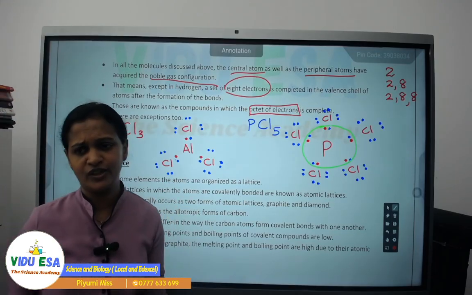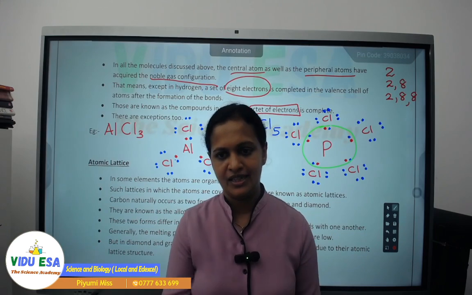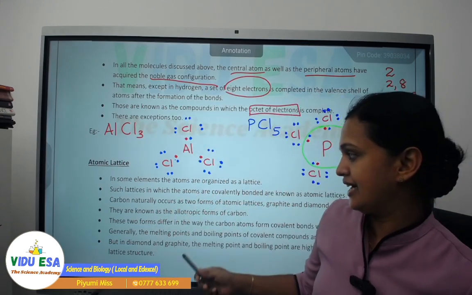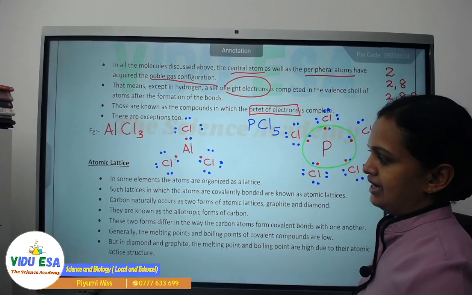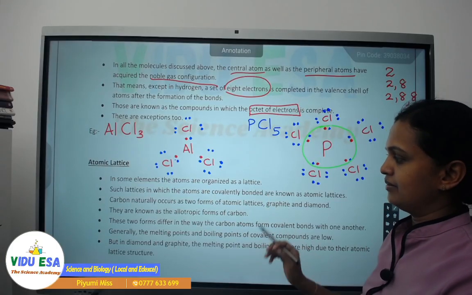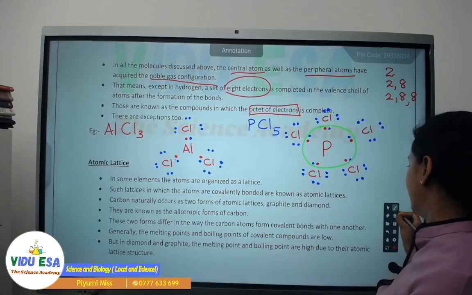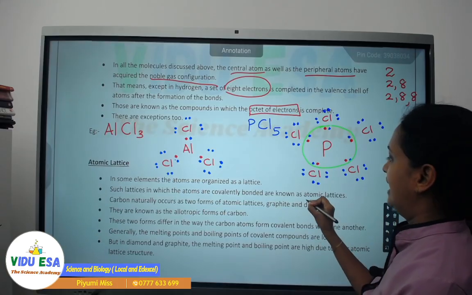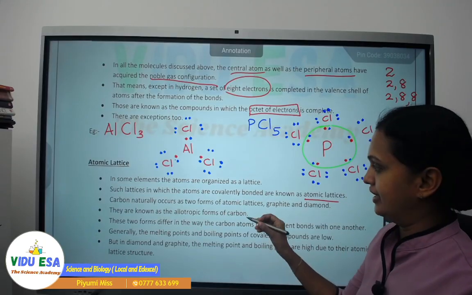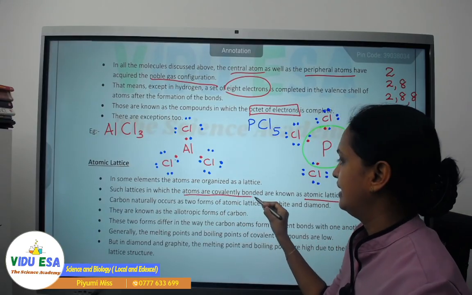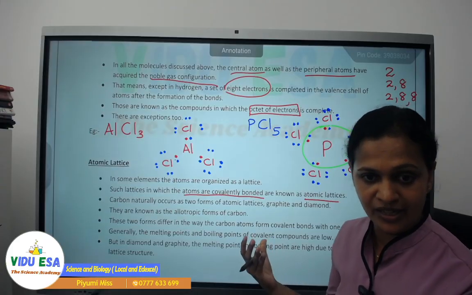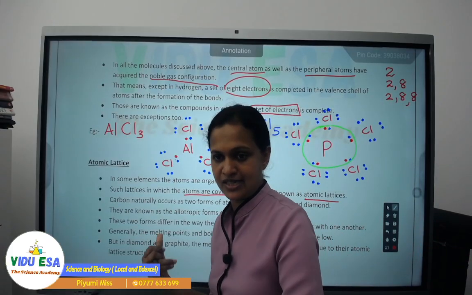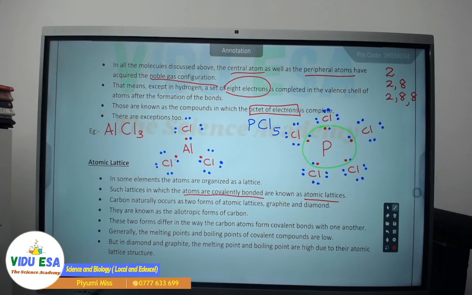In some of the elements, the atoms are organized as a lattice, right? Such lattices in which the atoms are covalently bonded are known as atomic lattices. In between the atoms, there are covalent bonds. Some of the lattices, we call them atomic lattices.